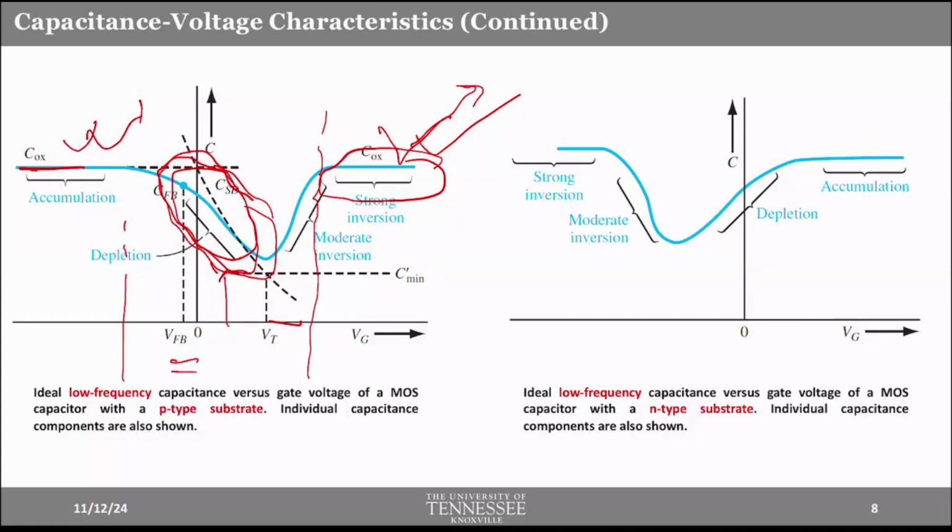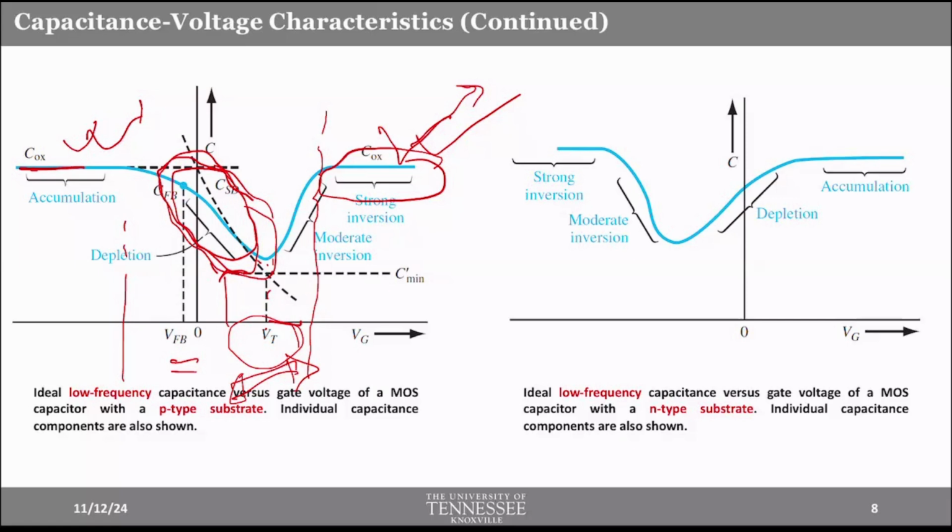Are you guys with me so far? So there is a minimum point at which the capacitance goes to its minimum value. This is the threshold voltage. When the voltage reaches the threshold voltage, the capacitance is at its minimum value.